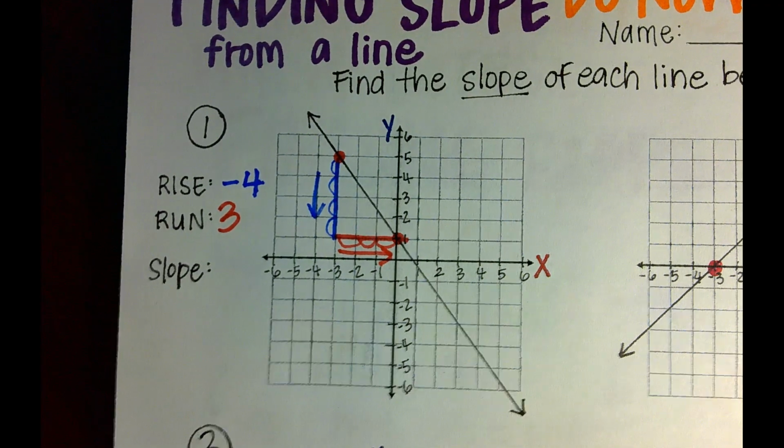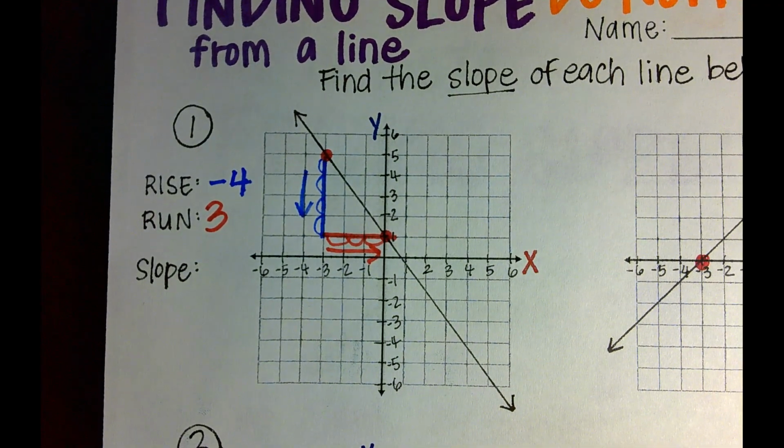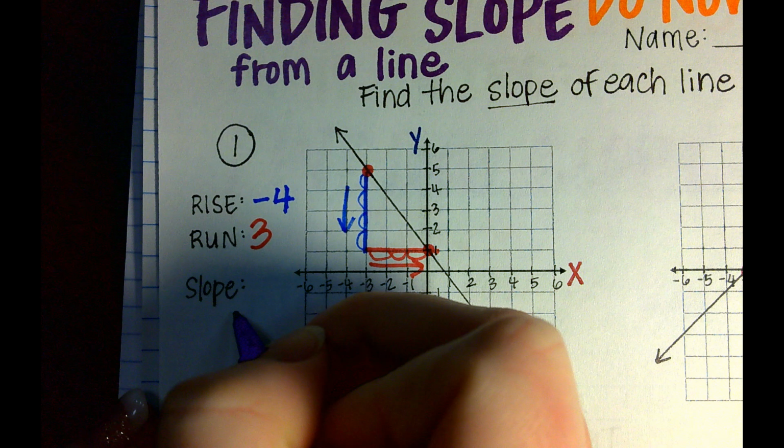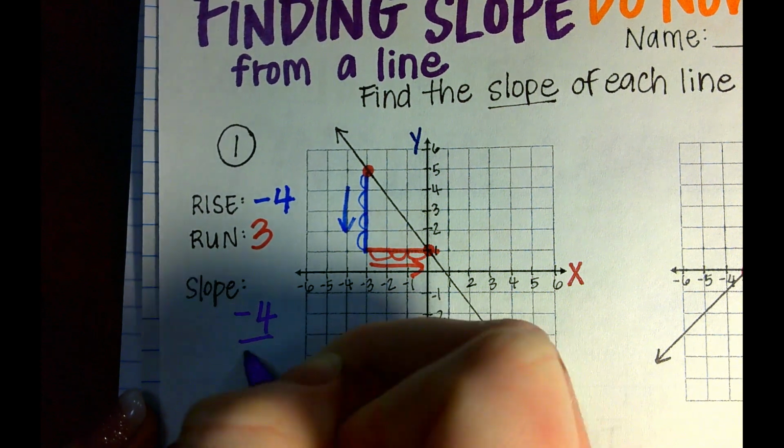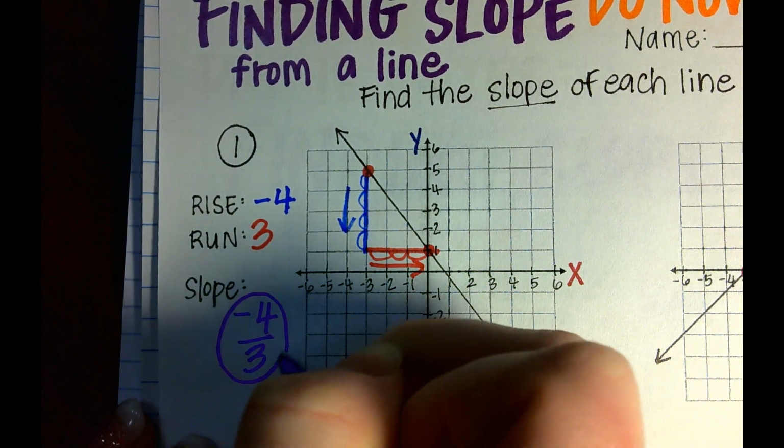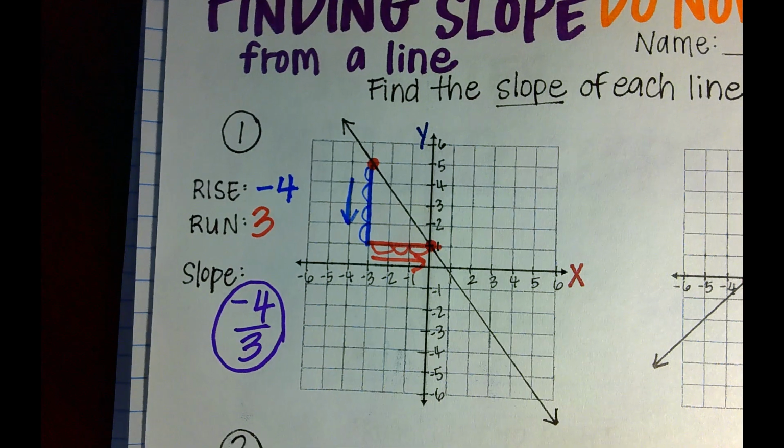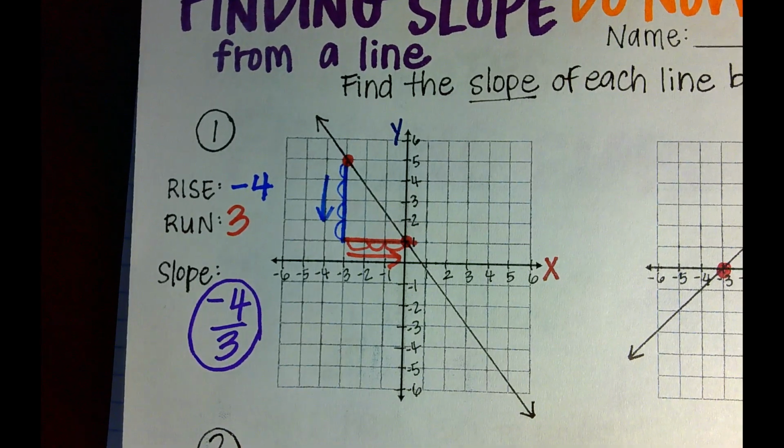We're learning. So we have a rise of -4, a run of 3. What does that make our slope? -4/3. So that would be our answer. -4/3. That makes sense to everybody?